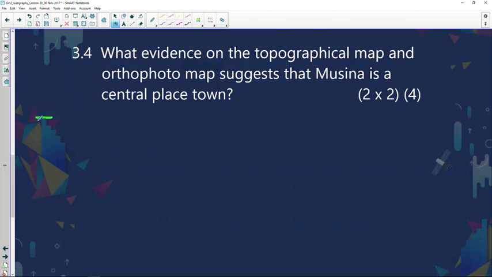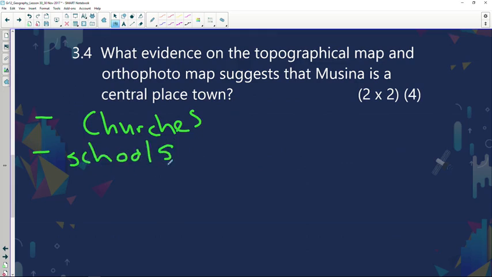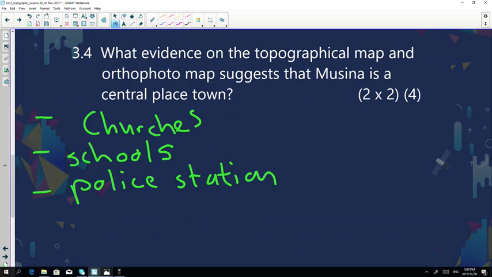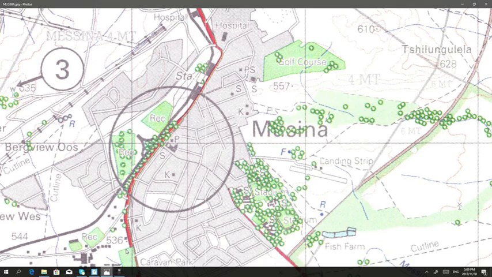Now, I've just mentioned there are many urban services such as churches, there are schools that we've seen on the map, there's a police station. Now, before I continue writing it down, how do I know that all of these services are there?